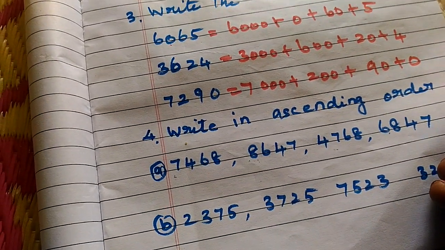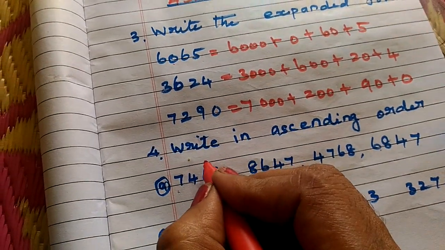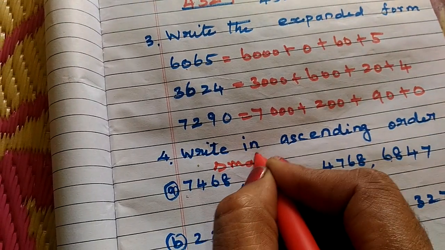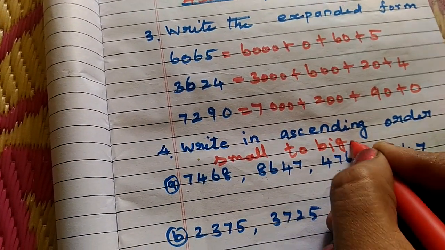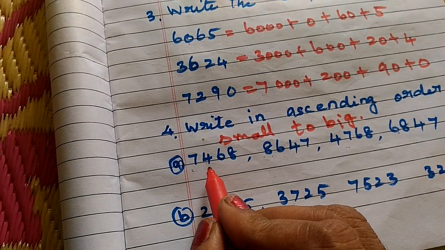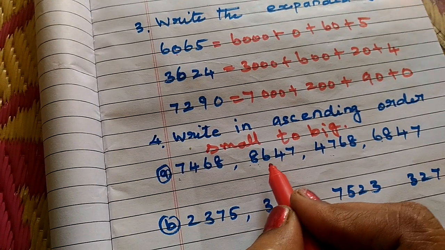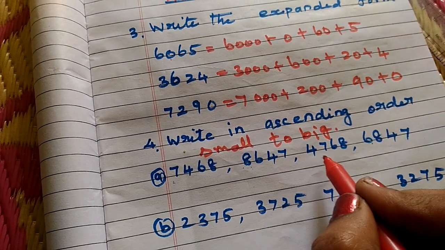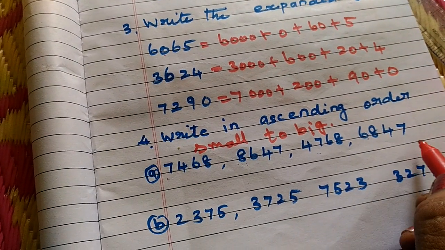Next, write in ascending order. Ascending order means small to big. See here, 7468, 8647, 4768, 6847.